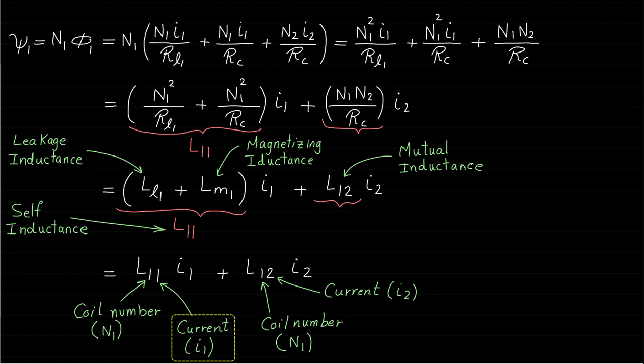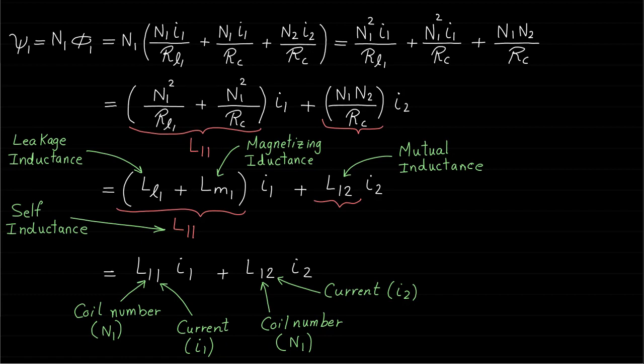Now, I think it is clear why we call the inductance L11 self-inductance. Basically, it is the inductance of coil 1 produced by the magnetic field generated by its current I1 only.